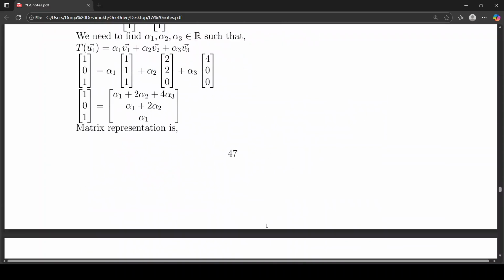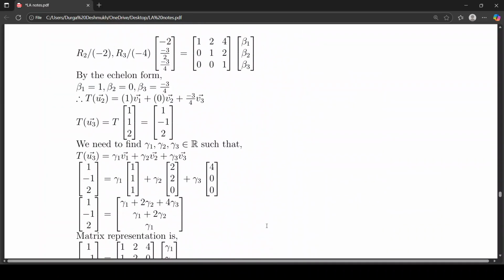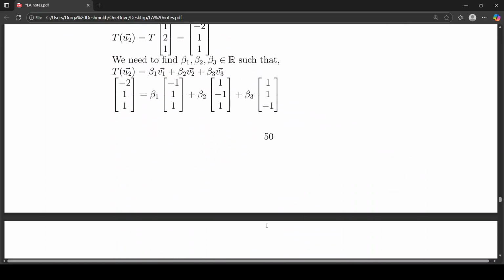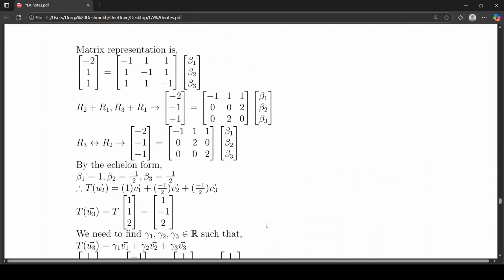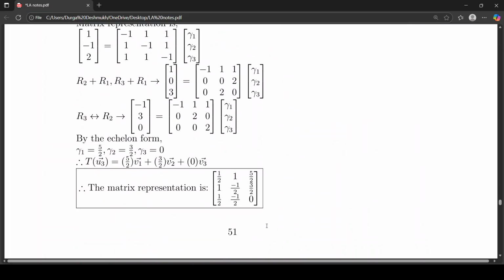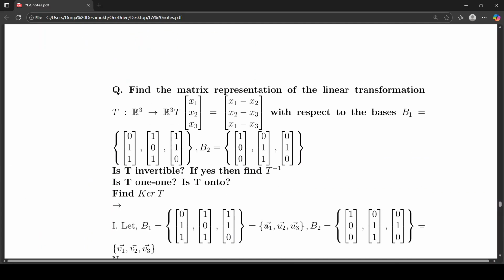Moving further, this is just finding the matrix representation of the given transformation. So it is similar steps, just the size of the matrix is changing. Now here we have to check if it is invertible. If yes, then we have to find its inverse.